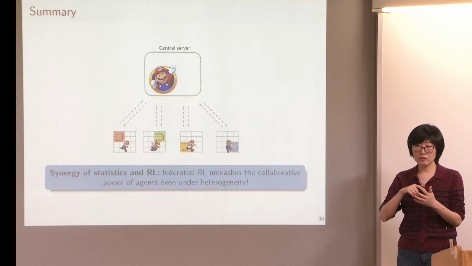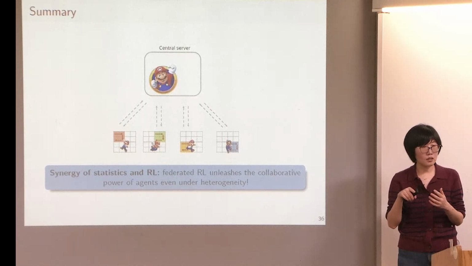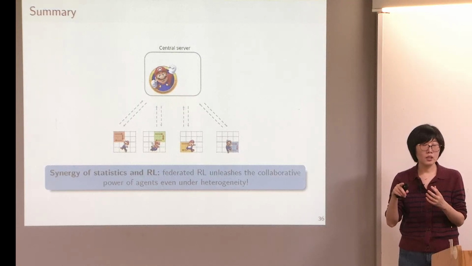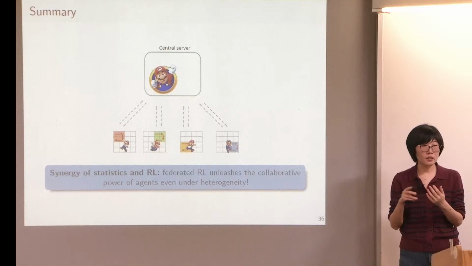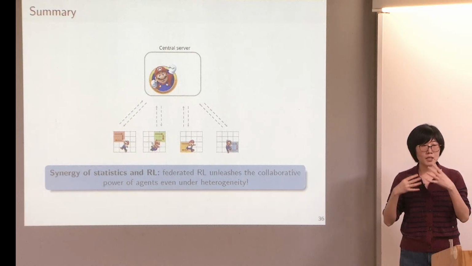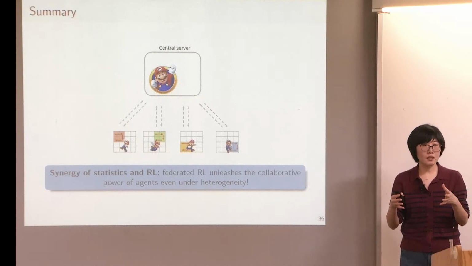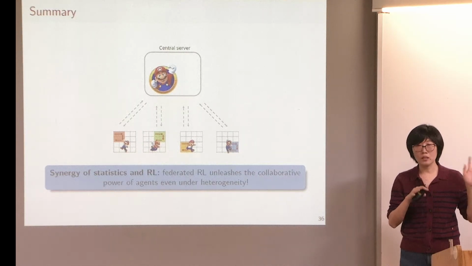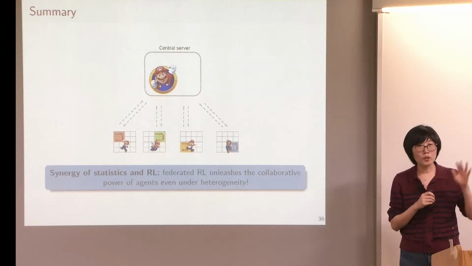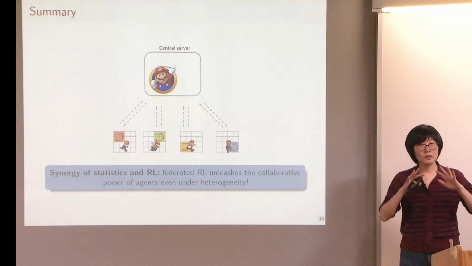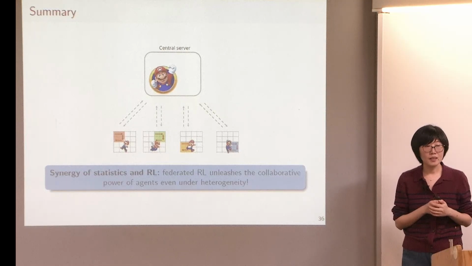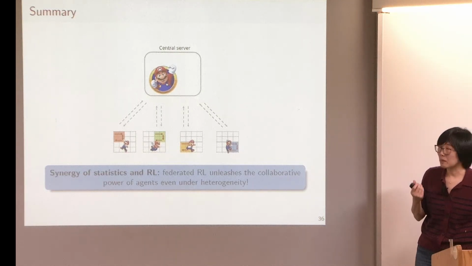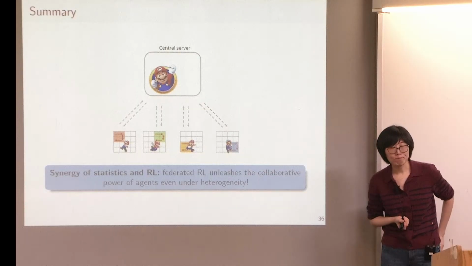You could have all of them share the same transition kernel but different reward functions. Or, like you said, they have slightly different transition kernels, but maybe they share some low-dimensional latent representation. So all of those are very interesting problems. There is some existing literature, but I think there are still a lot of open problems. The algorithm will probably need some changes as well.